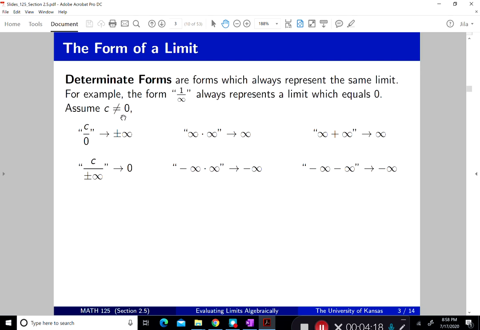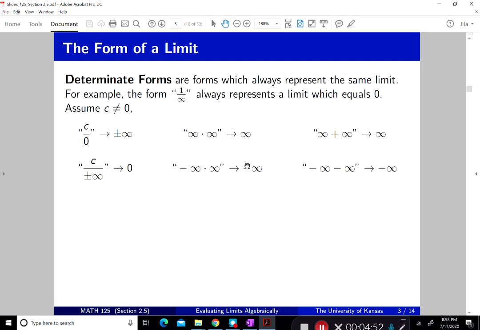Now assume c is not equal to 0, the form c over 0 is either plus or minus infinity. The form infinity times infinity is always infinity. Infinity plus infinity is infinity. C over plus or minus infinity, that form is always 0. Negative infinity times infinity is negative infinity. The form negative infinity minus infinity is negative infinity.